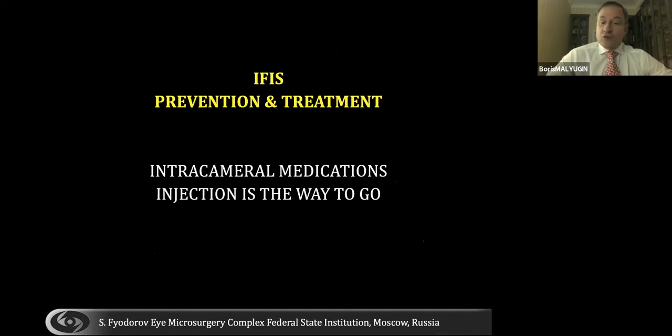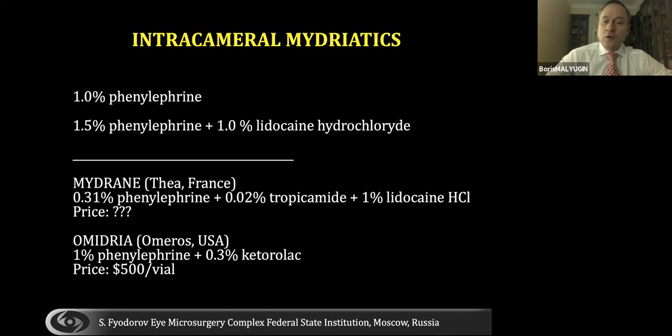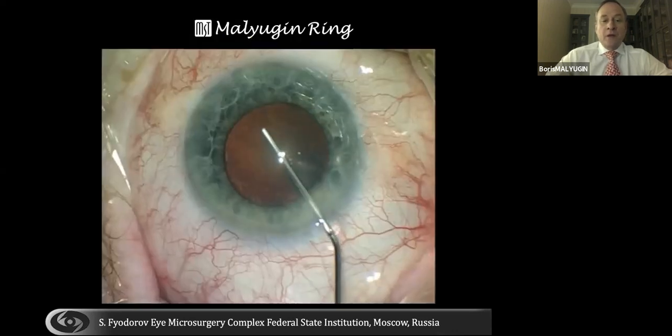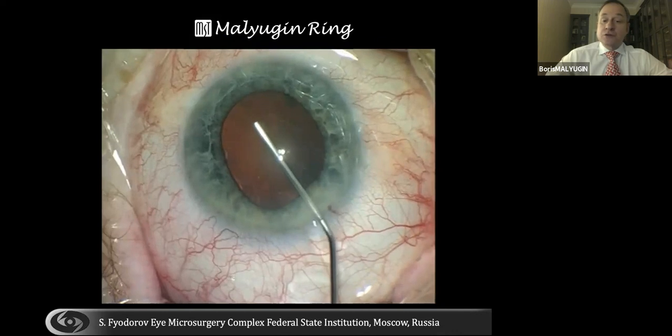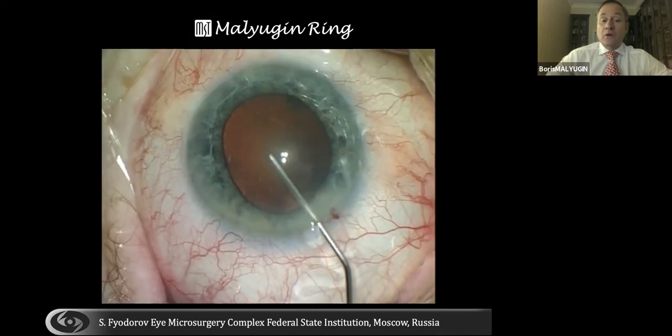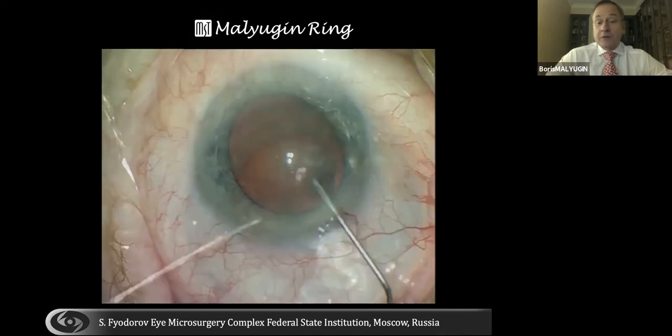From my point of view, intracameral injection of mydriatics is the way to go, and these are two already mentioned in the description of the stepwise approach, as you may see here. The other option is to use mechanical pupil expansion devices.